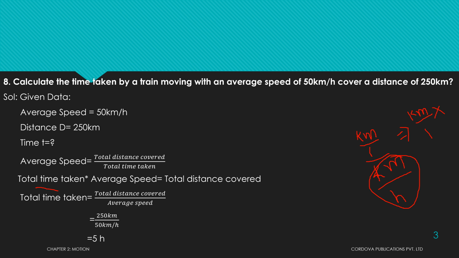So hour is in the denominator, and when it becomes reciprocal, it comes to the numerator. Hour divided by kilometer. Now look over here, kilometer, kilometer gets cancelled. So what is left over? Hour, right? This is how I got hours over here.